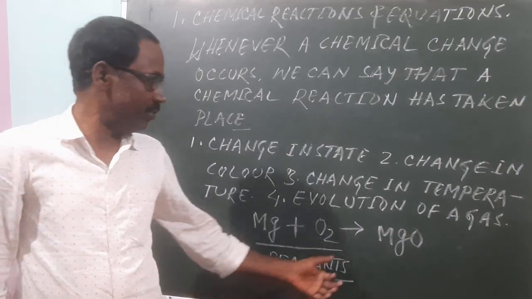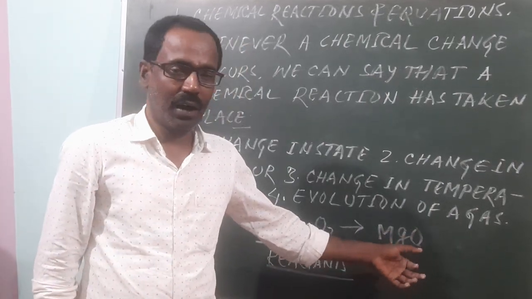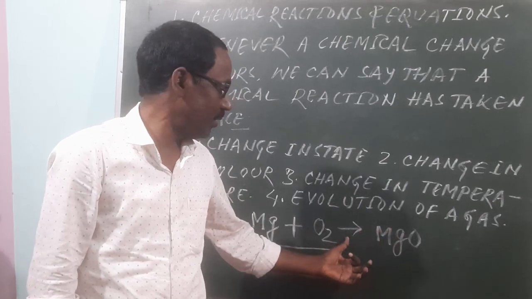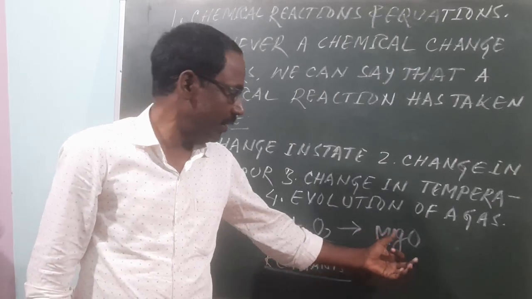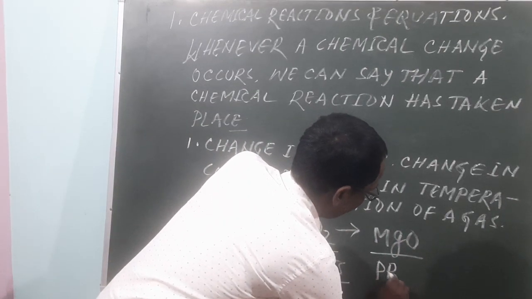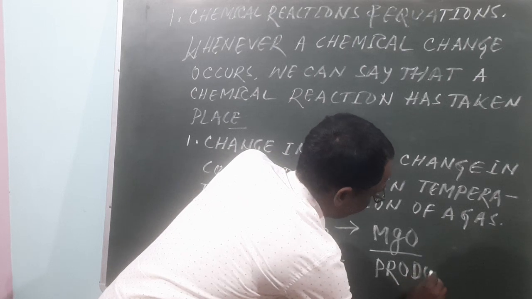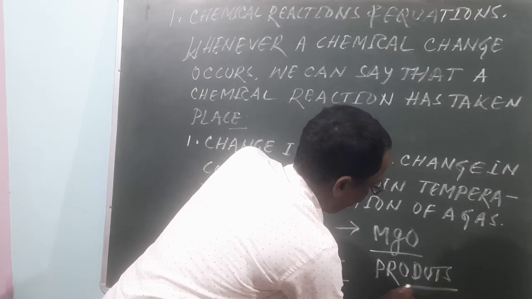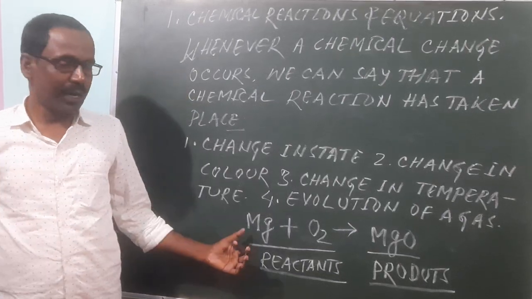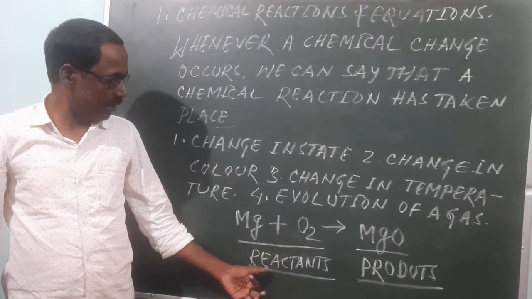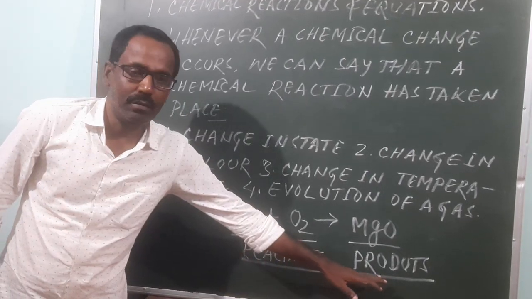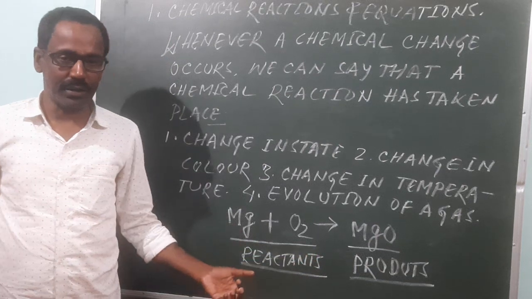The substance which we get after the chemical reaction, present on the right hand side of the horizontal arrow, is said to be the product of the chemical reaction. So we have no problem understanding what the reactants and the product of a chemical reaction are.